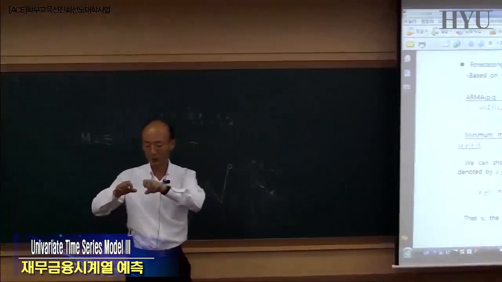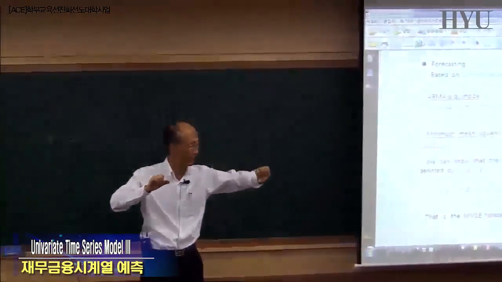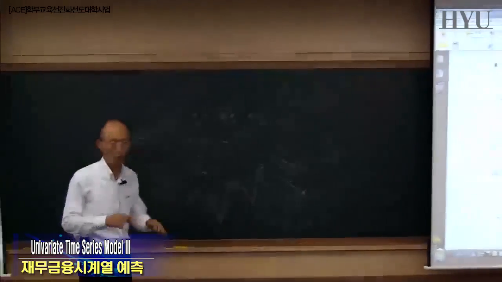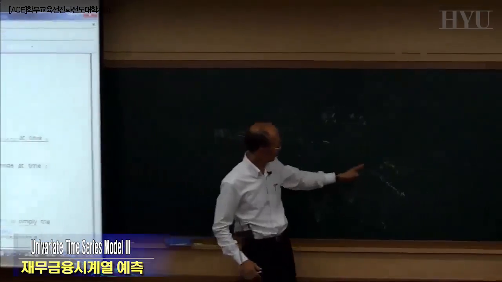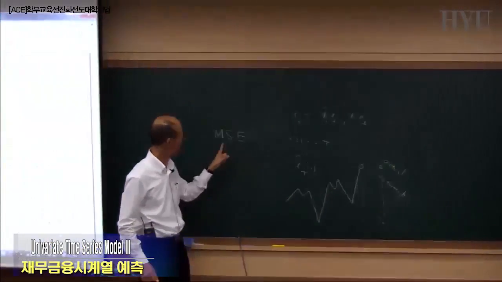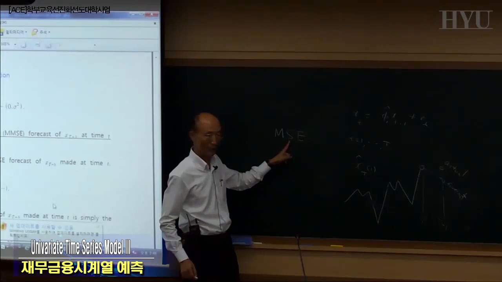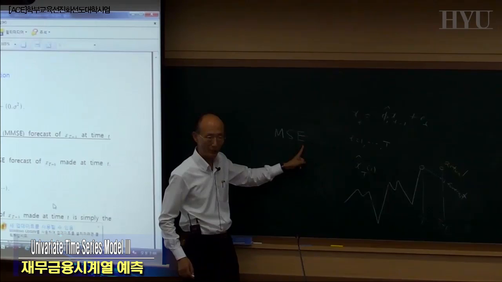So you are collecting those one period forecast errors. It could be either positive or negative, right? Depending upon your forecast. So you square it. Squared error. This is squared prediction error.